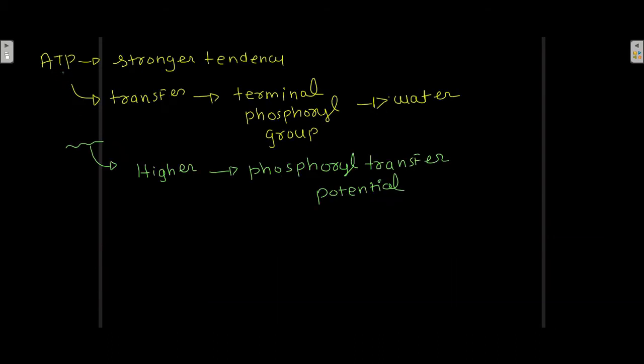Now ATP has a stronger tendency to transfer its terminal phosphoryl group to water, and that is the reason why it has a higher phosphoryl transfer potential. Okay, we say that ATP has a higher phosphoryl transfer potential. Why? Because it has a stronger tendency to transfer the terminal phosphoryl group to water.